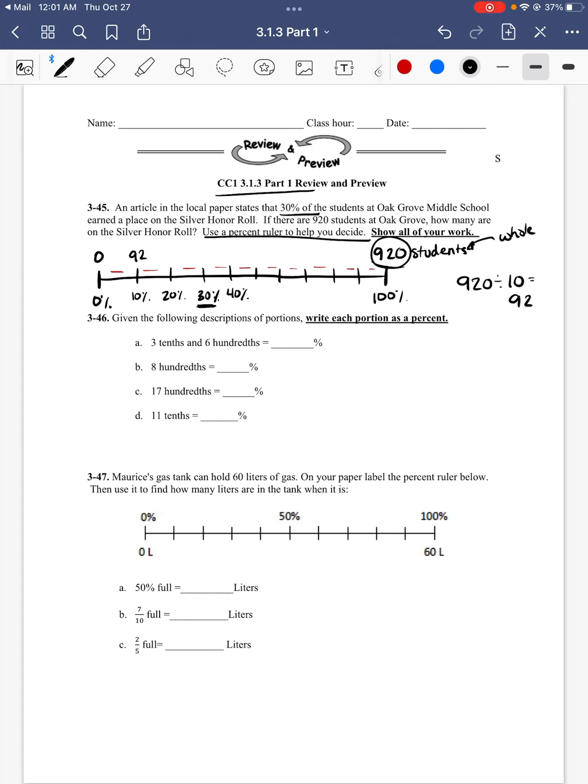So 10% is 92 students. 20% would be 92 plus 92, which would be 184. 30% would be 276. So, to answer this question, how many are on the Silver Honor Roll? 276 students.